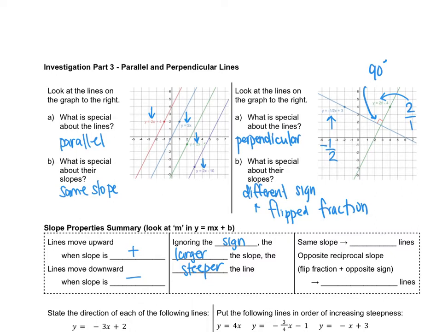Next, same slope means same direction, so our lines are parallel. If the slopes are opposite reciprocals, so opposite meaning opposite sign and reciprocal meaning flip the fraction, we have perpendicular lines. So let's take these properties and put them into action.